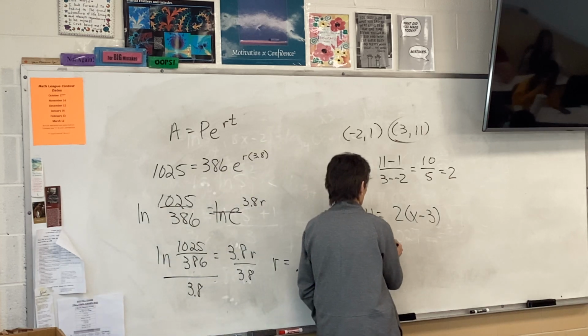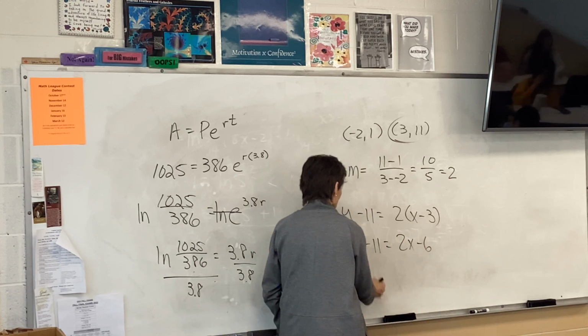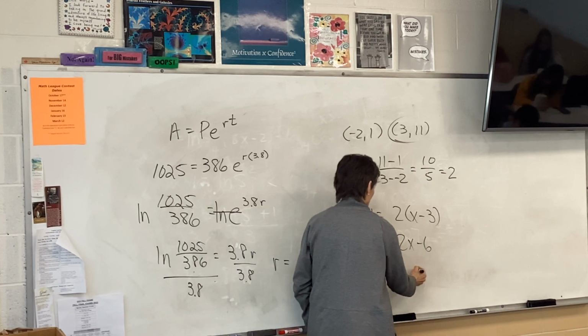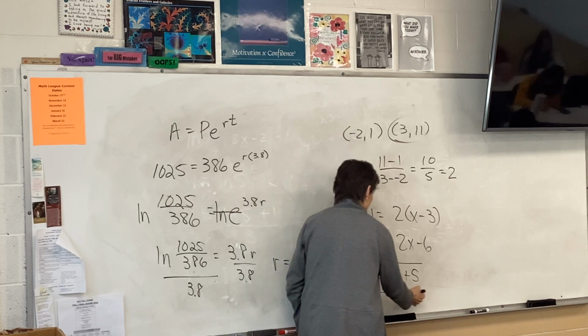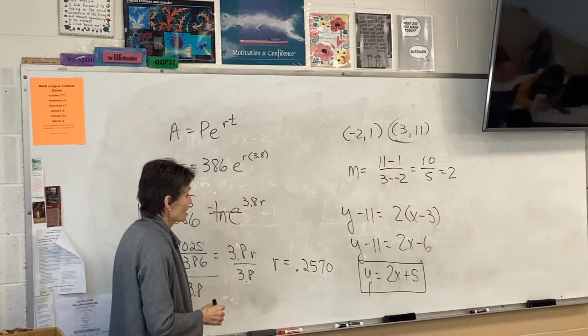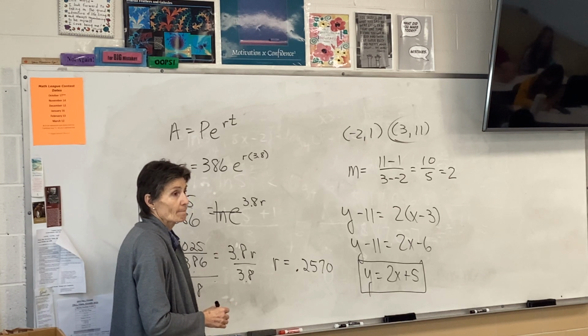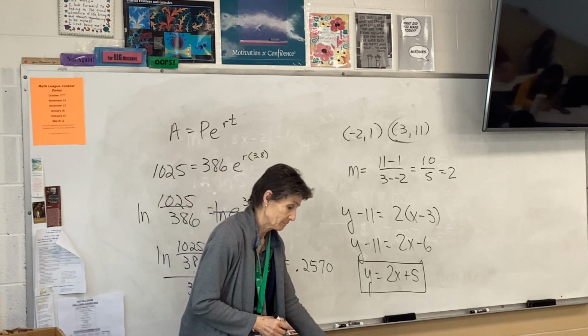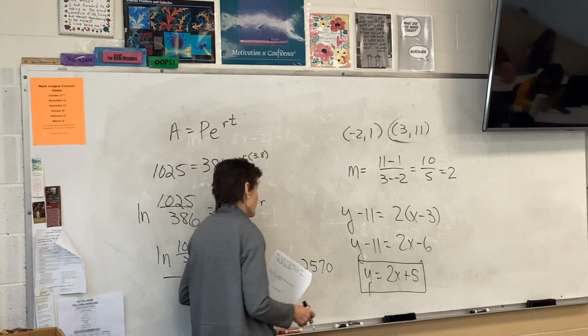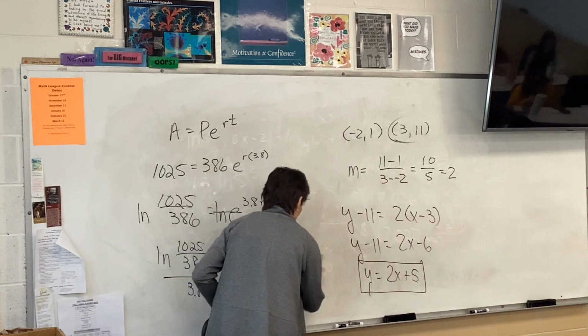Typically, we multiply that out, distribute that out, and add 11. So in the answer blank, that would be the equation of my line. You're not missing that one, so if it bothers you, practice it. Practice it.